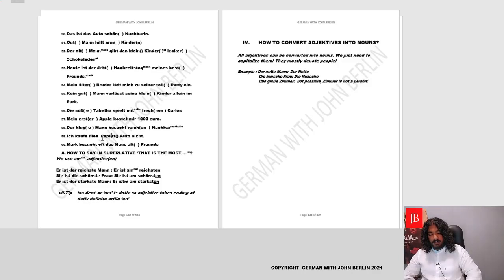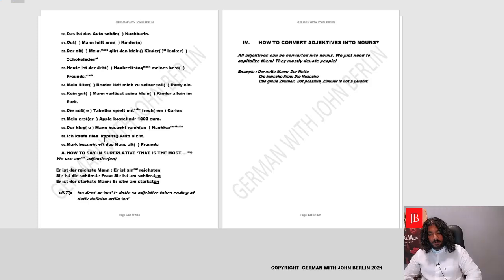Now let's get started with the steps. First, which table? This is a pronoun, dies. You could also write diese, both will work. No worries, we'll learn about this pronoun later. But this is a pronoun, like in English, this, it demonstrates something. That means the pronoun replaces the indefinite article. We'll go to that table, the indefinite article, and then we'll choose the case.